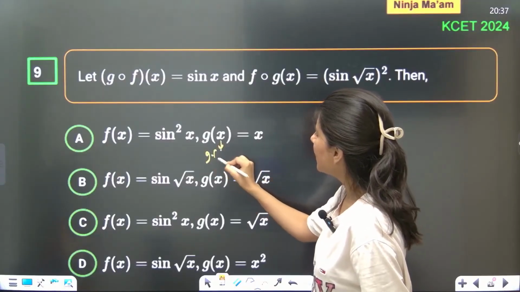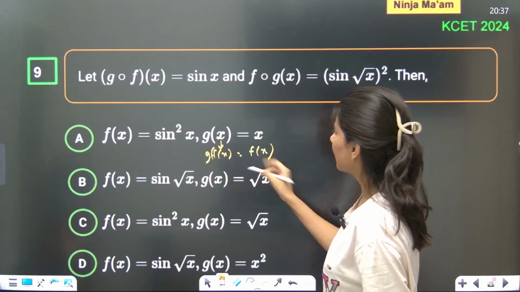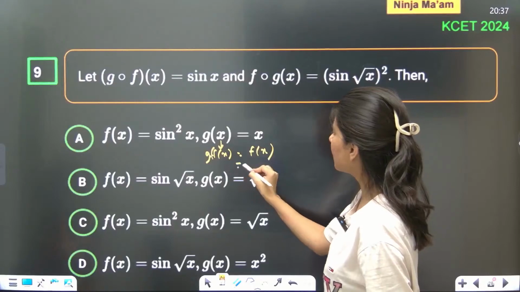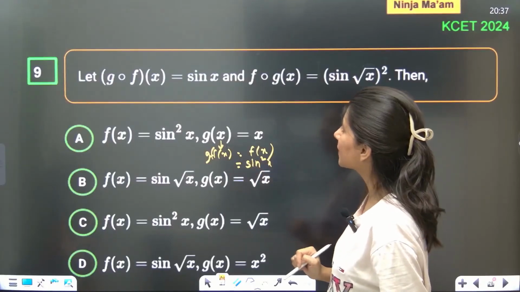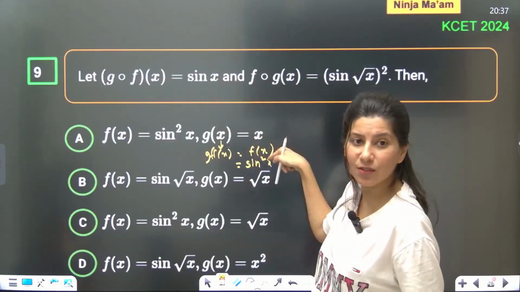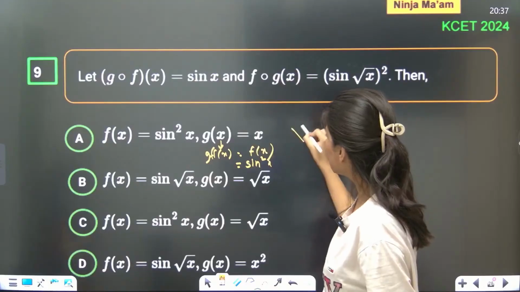G of f of x will be equal to f of x, and f of x will be equal to sine square x. So gof x here is sine square x, which is not matching with the question. So option A is wrong.